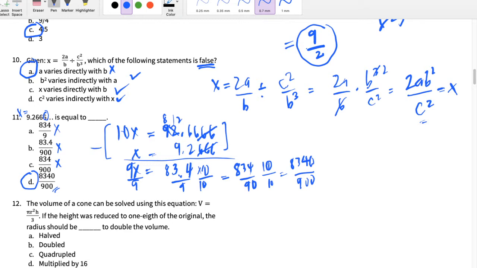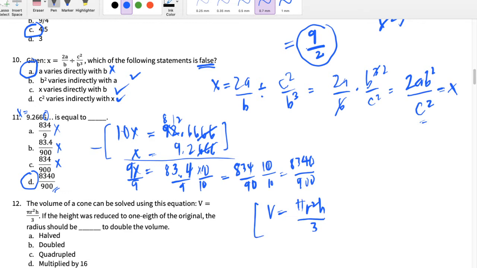Okay, how about number 12? The volume of a cone can be solved using this equation. Okay, if the height was reduced to 1/8 of the original, the radius should be blank to double the volume. So, kunin natin yung equation na r is equal to something. So, if you have v is equal to pi r squared h over 3, okay, i-isolate natin yung r squared.